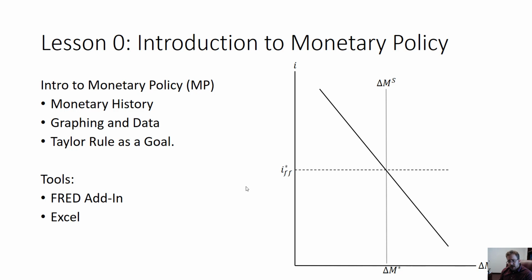What I have here is a very simplified graph of the very basic idea of monetary policy, that we have some growth rate of money supply, growth rate of money demand, which I haven't properly labeled. Shame on me for that. There should be a delta MD there.